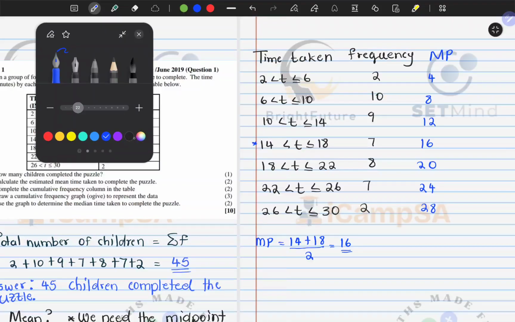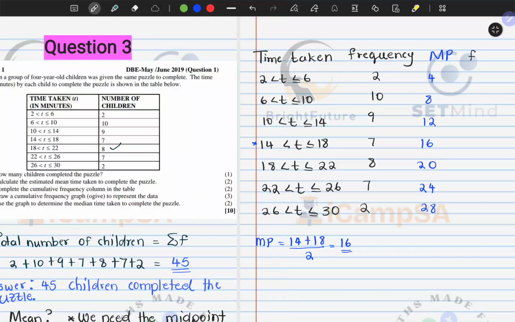So now what we need is the frequency times the midpoint, because we need that sum. If you look carefully, we have 2 times 4, which gives you 8.